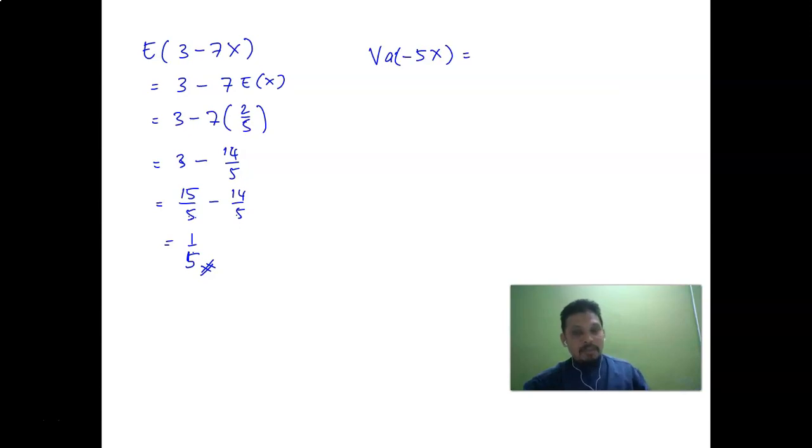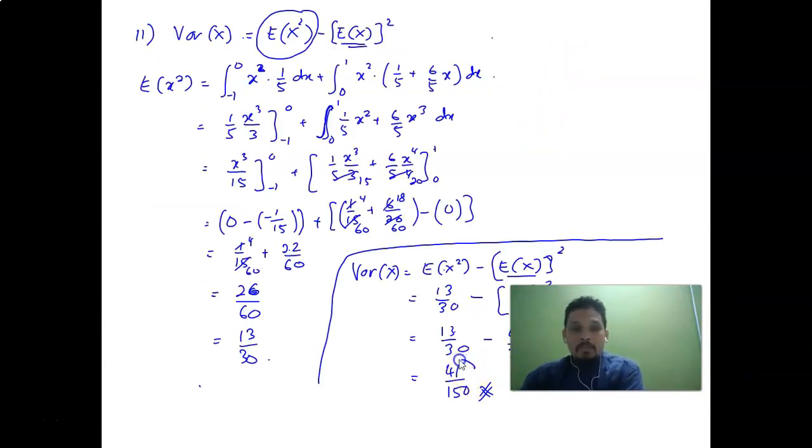Variance of negative 5x, there you go. So this one here now is negative 5 squared times variance x. So negative 5 squared equal to 25, and variance of x equal to 41 over 150.